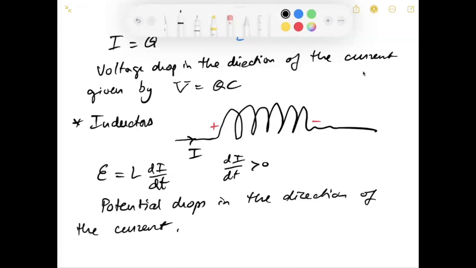So we know that it drops in the direction of the current if di/dt is positive. If di/dt happens to be negative, then we can trust our algebra, make sure that that sign is going to be reversed, and the whole thing will be fine. Okay, so it would drop by an amount of L di/dt. It doesn't need a partial.